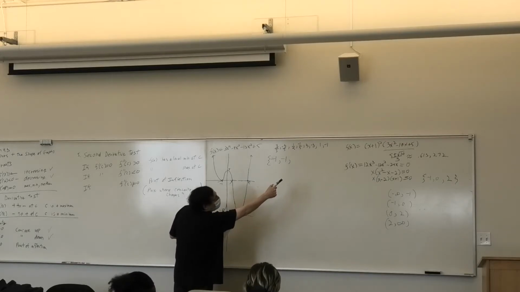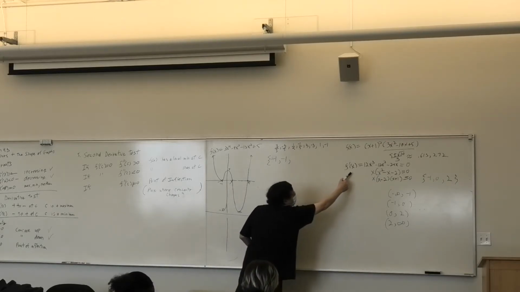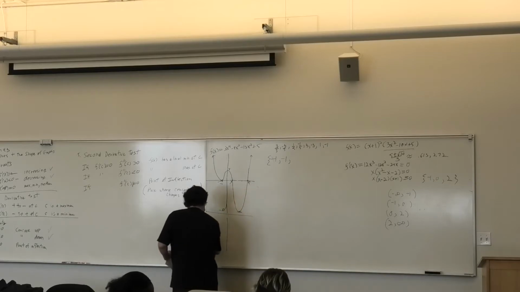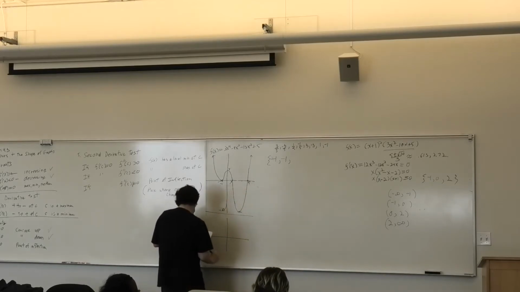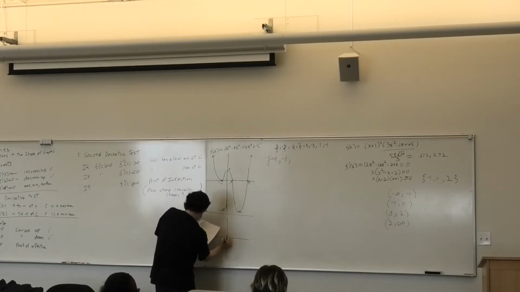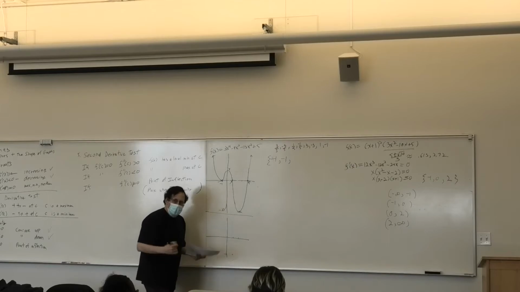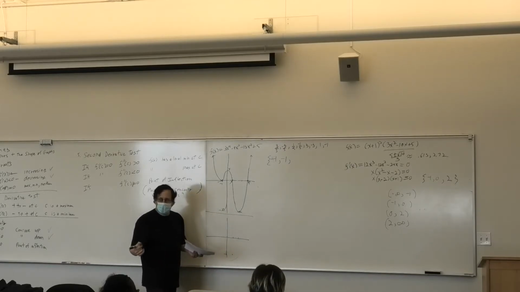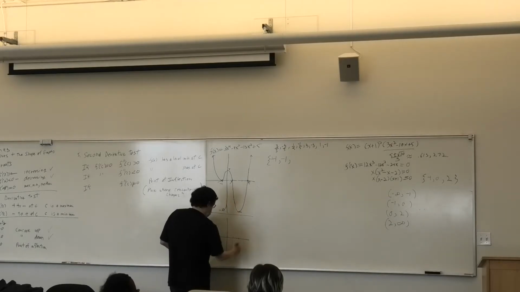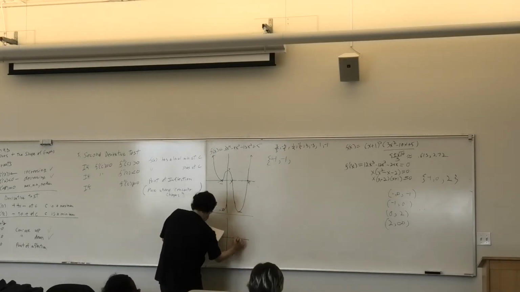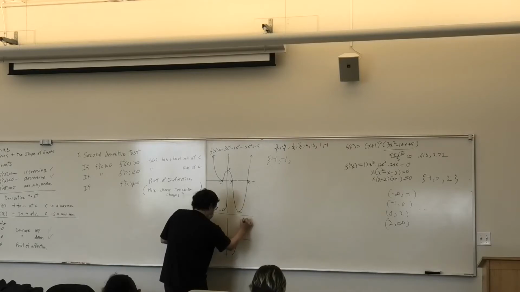That's this function. At -2 it's going to be negative. I encourage you, if you have a calculator or a computer, go to Desmos and plug in this function, and check whether I'm telling you the truth here.